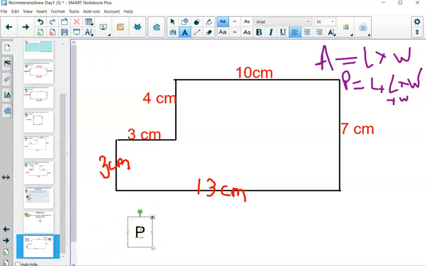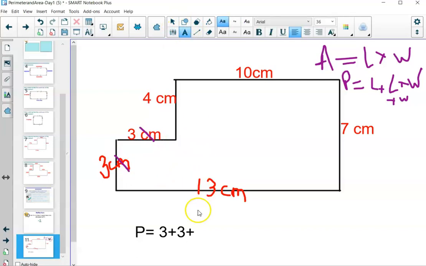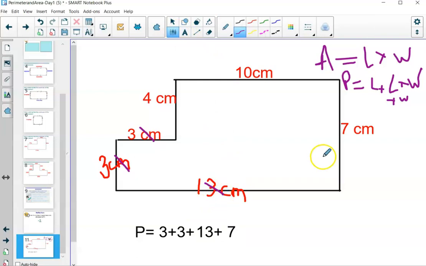So perimeter for this shape is going to be 3 plus 3, and I'm going to put a little cross on here so I know when I've gotten them. So 3 plus 3, then I have plus 13 plus 7. So let's go ahead and cross out 13 and 7.